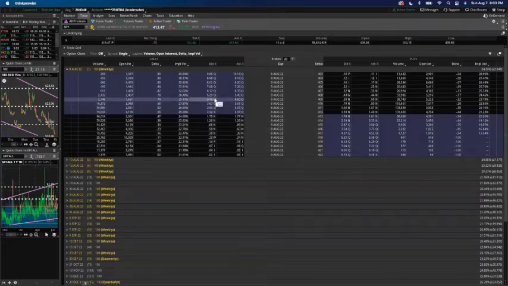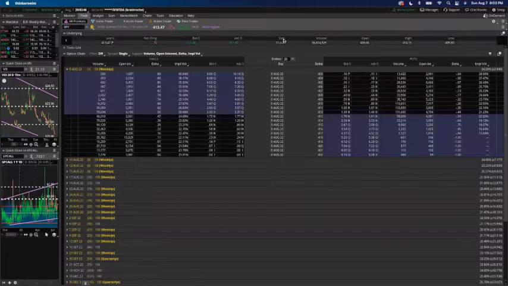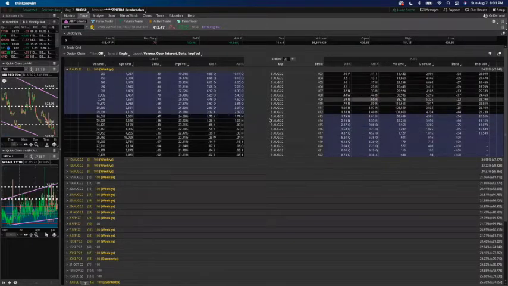And so you have in the money and out of the money options. These blue ones here are in the money options for calls, and over here it's basically the opposite, so calls and puts have the opposite effect. The blue here is in the money for calls. This is in the money for puts.